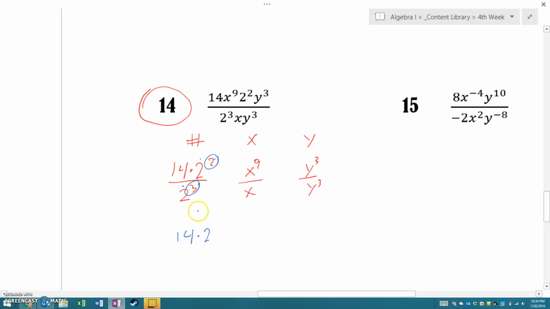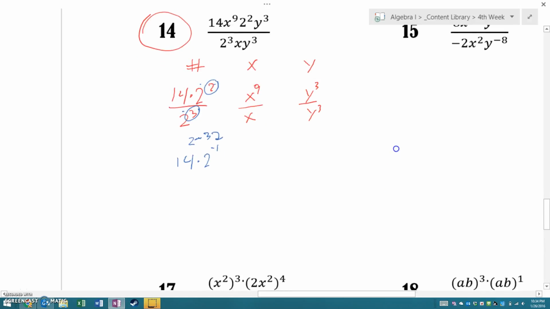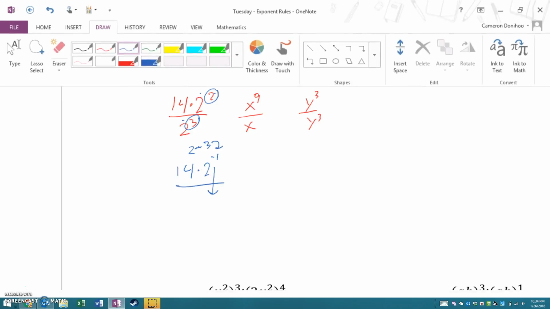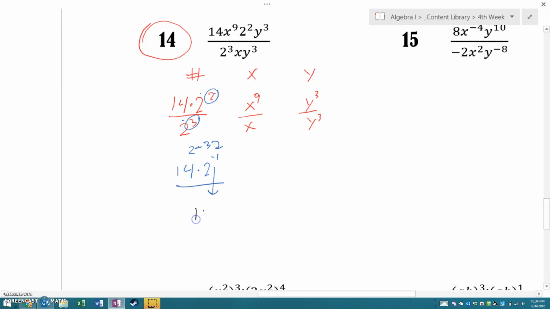I'm going to take my top number and subtract out my bottom number, and that would get me a -1. Now, the weird thing, and the reason why I usually don't do out subtraction all the time, is because now that's a negative, I'm going to have to take that and move that across the fraction and say, all right, that's really going to be 14 divided by 2 with a +1 there.